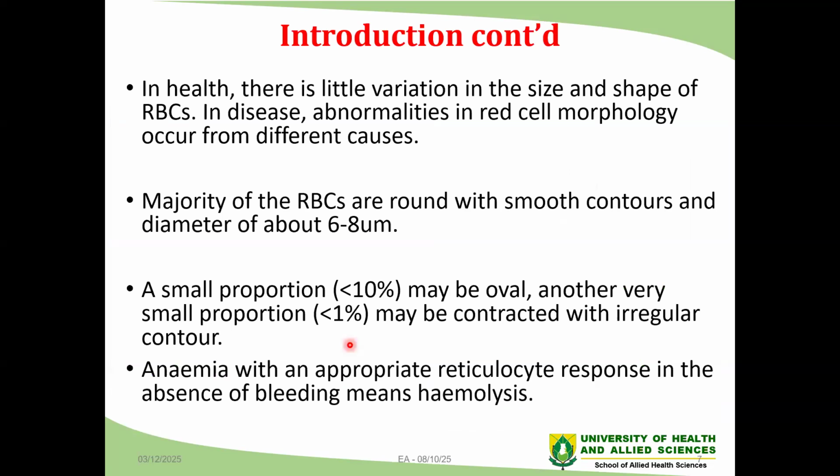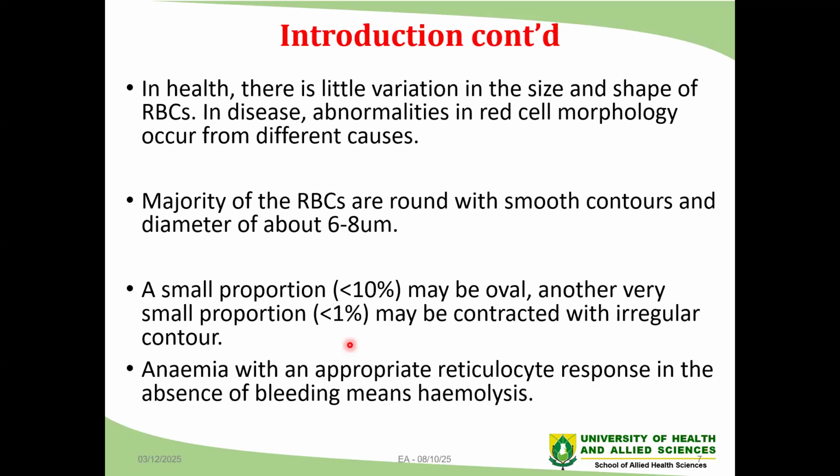When you are totally healthy, there are slight variations that you will come across in terms of the size and the shape of the red cell. But in disease conditions, these variations become more pronounced. Most of the red cells that we will find in any blood film will be round, have smooth contours, and have a diameter of about 6 to 8 microns.